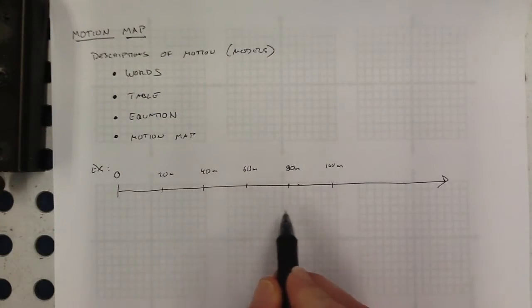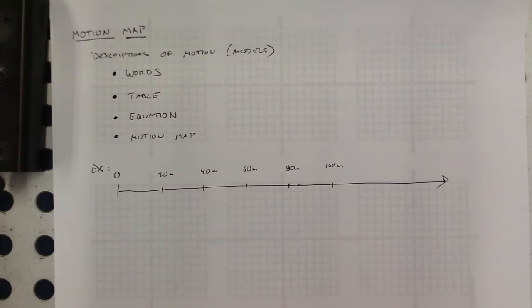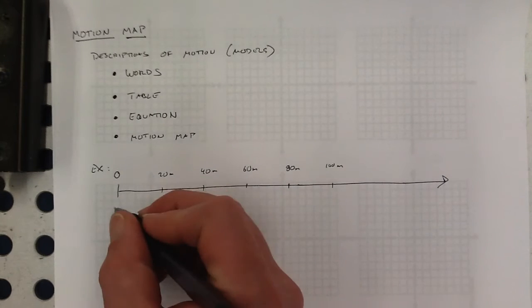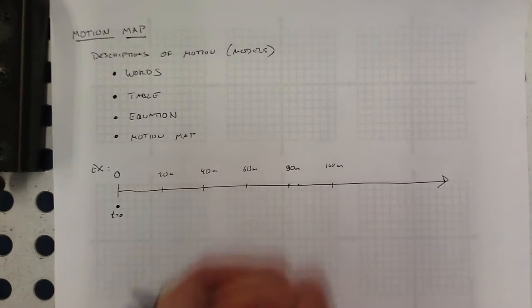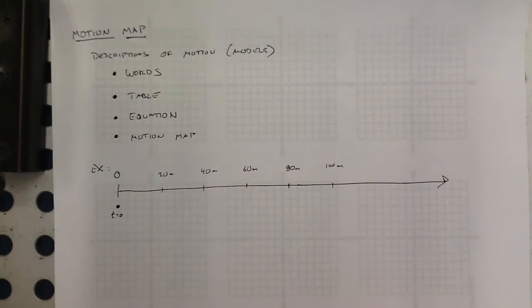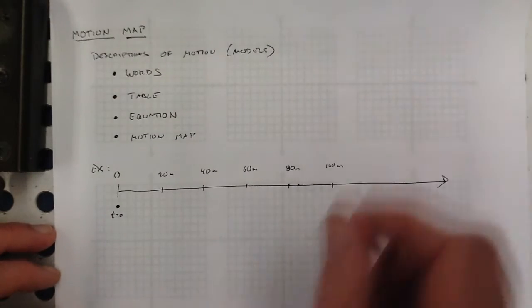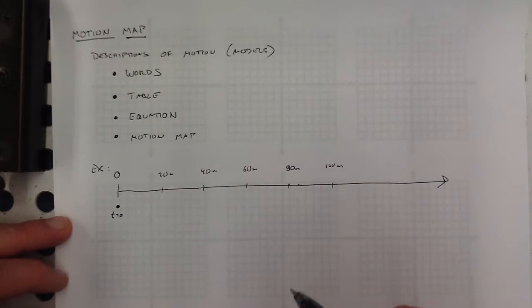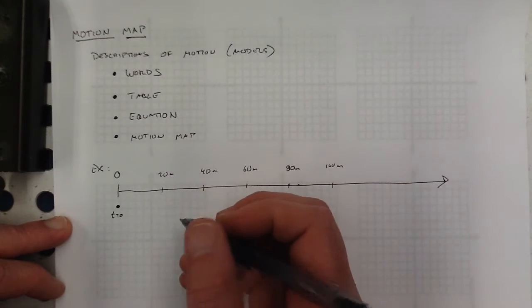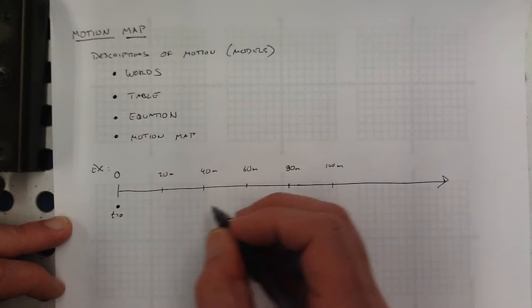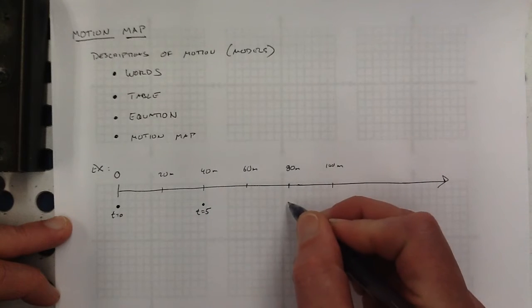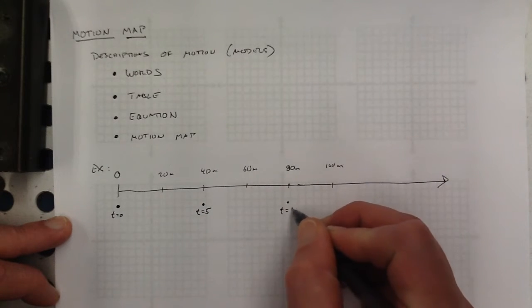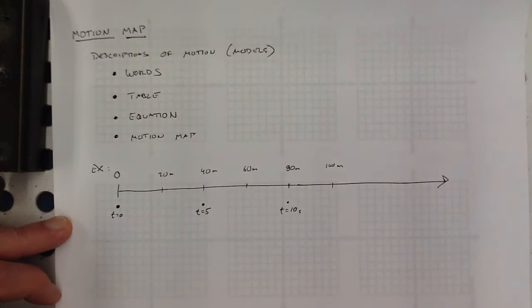What a motion map does is it shows, by putting little dots along this line, where the object is as time goes by. So at time 0, that's where the cyclist is, so I'm just going to put a little dot there. And then at time 5, if I wanted to do it by 5s, and at time 10, we're there.